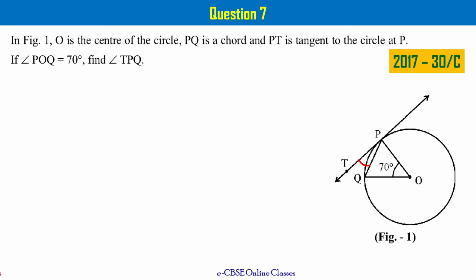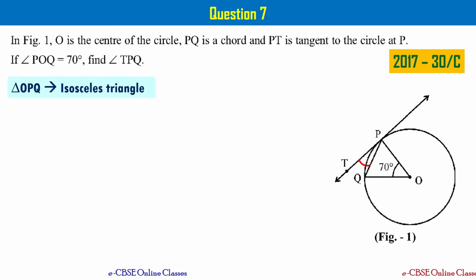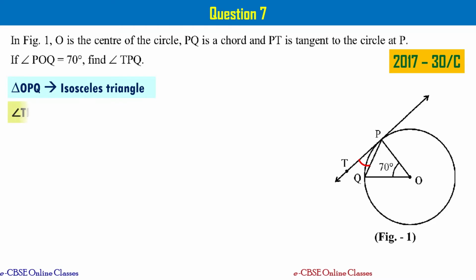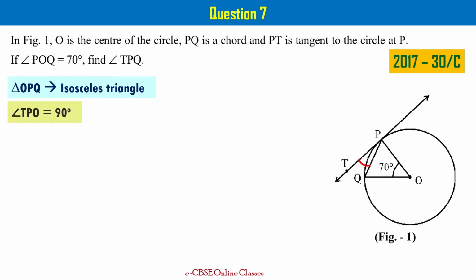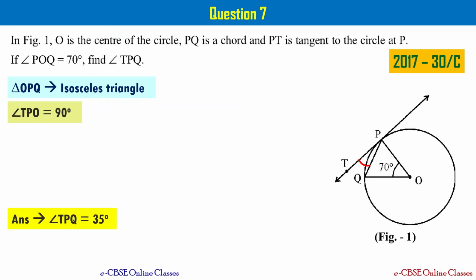The hints I'm going to give you are the following. Triangle OPQ is an isosceles triangle, and angle TPO is 90 degrees. It means TP is perpendicular to OP. When you use these two and solve the problem, you get answer angle TPQ equal to 35 degrees. Please do solve the problem and verify whether your answer is matching with 35 degrees or not.